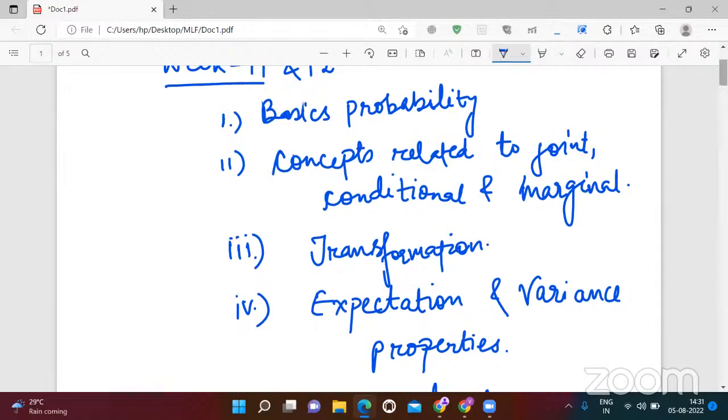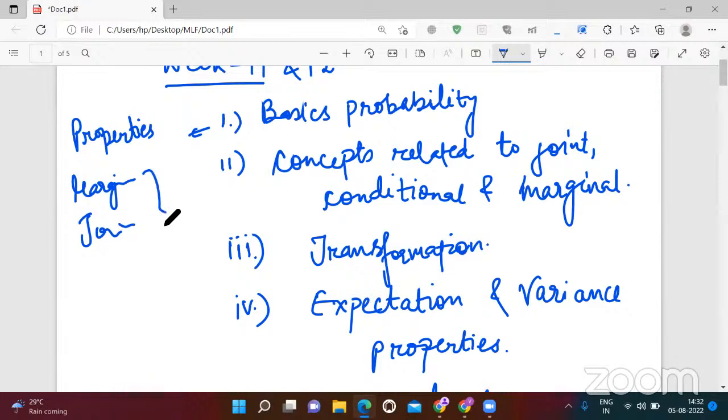From the last 2 weeks, there won't be much of a problem based on probability. It's not very difficult if you have basic knowledge of the basic properties of probability, or you are able to calculate the marginal density function or the joint. You already know the relation between marginal, joint, and conditional.